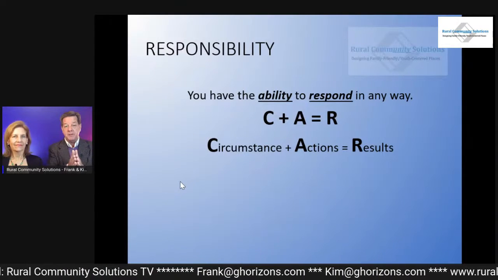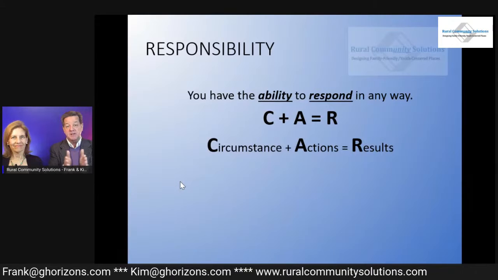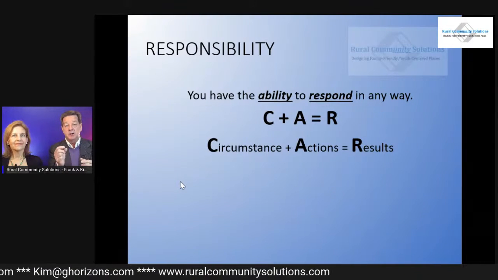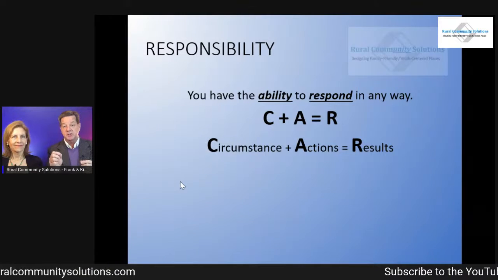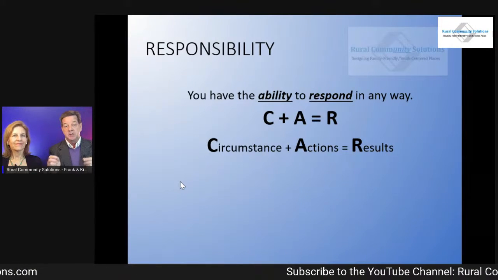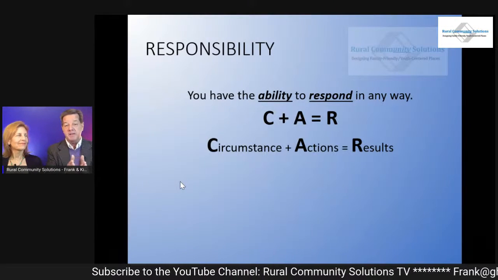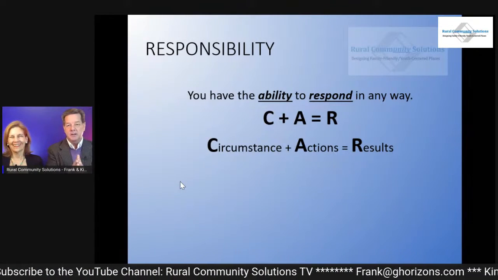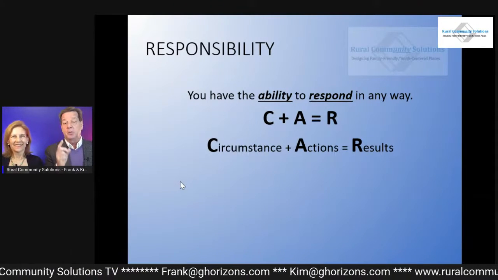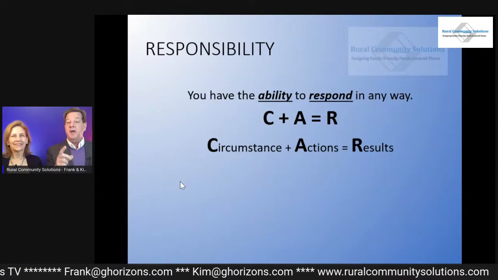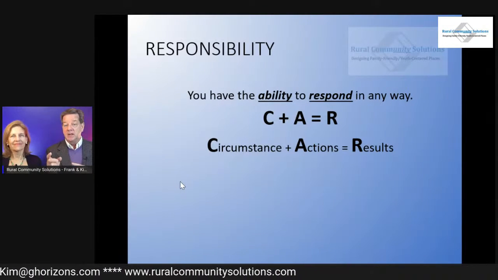Are you happy? Right? If that circumstance says, yes, I am happy, keep doing what you're doing. So look at the actions, because those actions will get you the results that you want. If your circumstances, as you ask, are, am I happy? And you say, no, I'm not. Well, you have to look at your actions. What actions are you taking that result in your unhappiness?